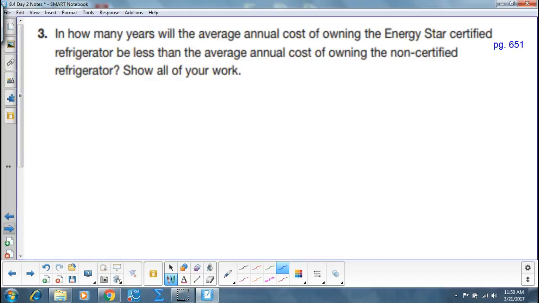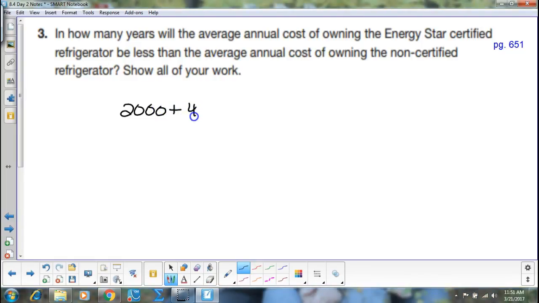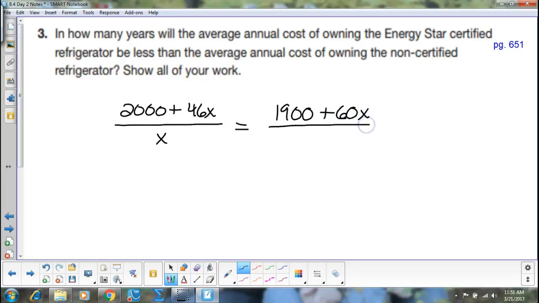Part C says, when is that switchover point? When is it more cost effective to get the Energy Star one than the non one? Okay, so that equation was again 2000 plus 46x divided by x equals 1900 plus 60x divided by x.